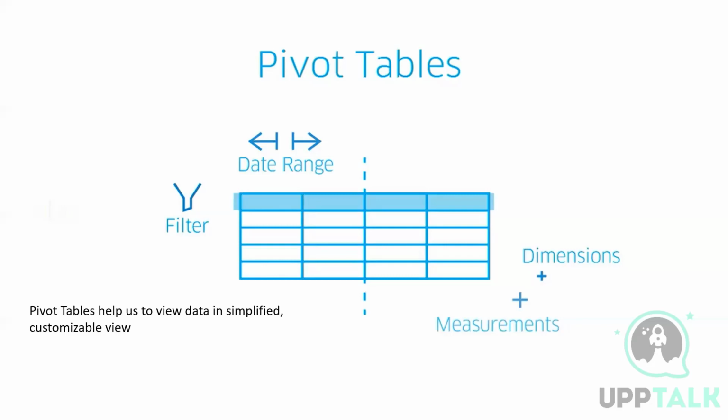So whenever we are using a calculated dimension or a measurement alongside a pivot table, alongside a data stream, we always need to check if my calculated dimension or measurement is working properly along with my data or not.